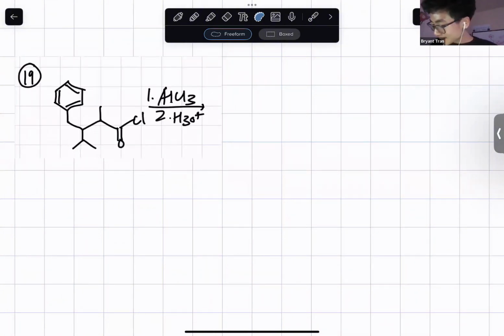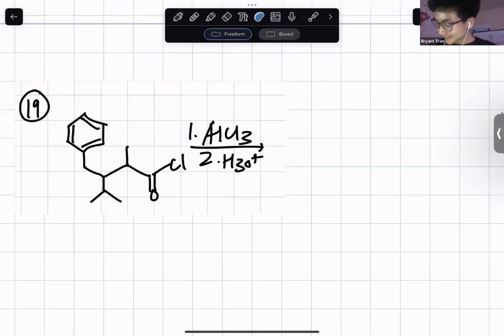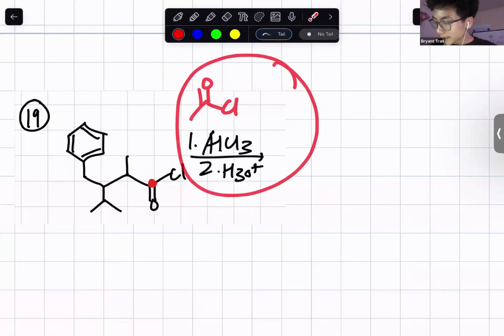Friedel-Crafts, yes. Friedel-Crafts, alkylation or acylation? Acylation, because we have this acyl group, correct? Which is going to be my electrophilic carbon, my dot, right? But usually we see the acyl group on the reagent arrow. In this reaction, we don't see the acyl group on the reagent arrow.